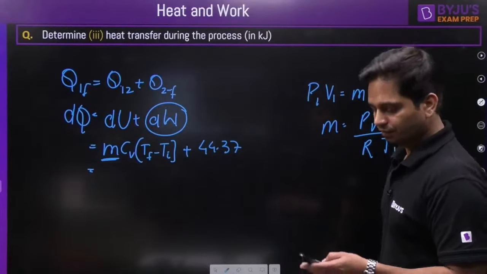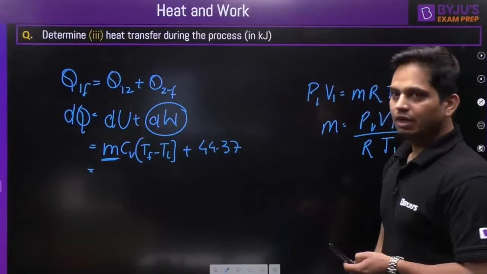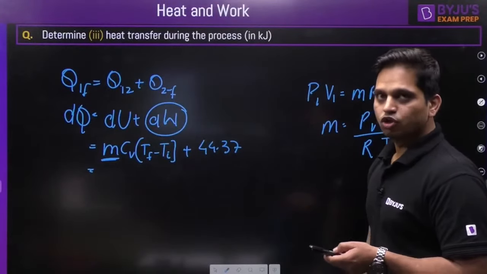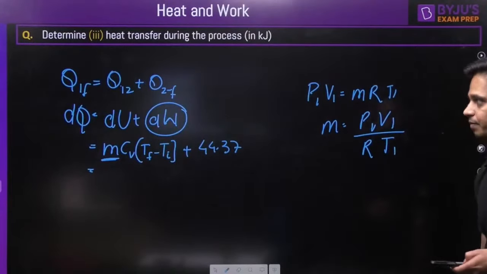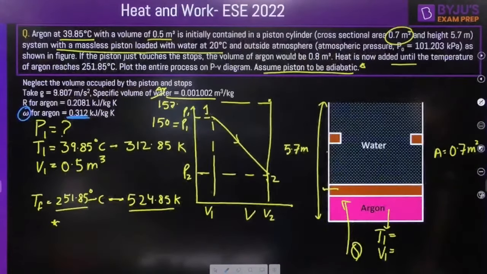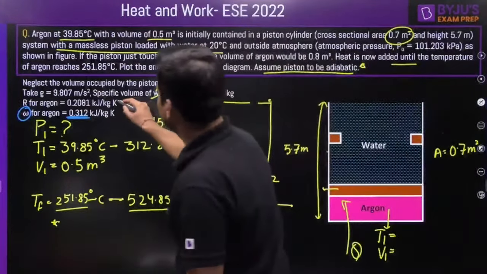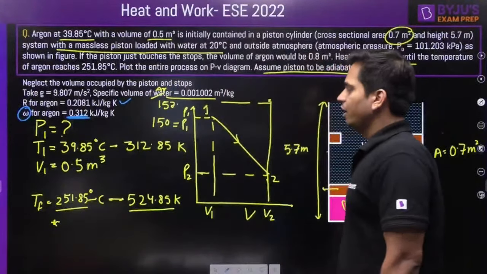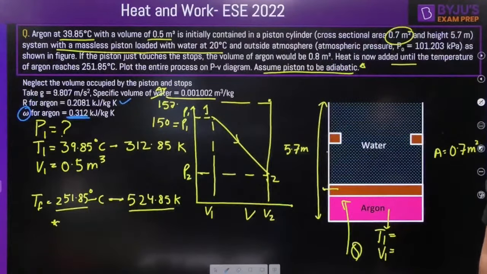Are you able to calculate this, or should I do it? R is also given to us, 0.2081. This is R. You can write down the values of R and Cv.